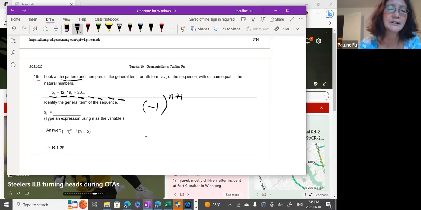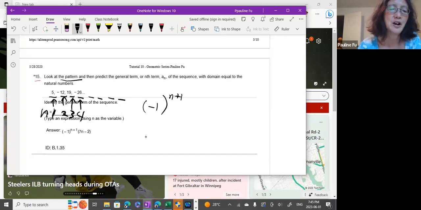Then the other pattern you observe, if you use number 7 times the position of the term, this is n equal to 1, n equal to 2, n equal to 3, n equal to 4. So how does each number relate to the position? The first number, second number, third number, fourth number.